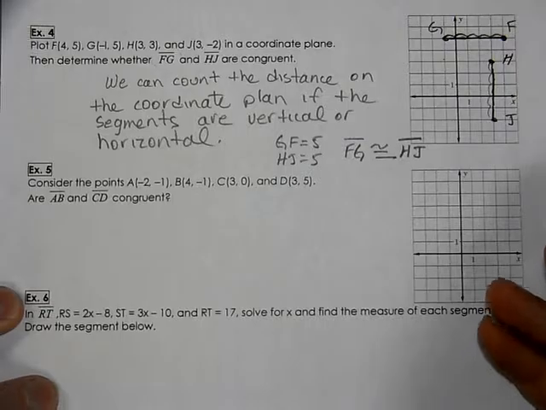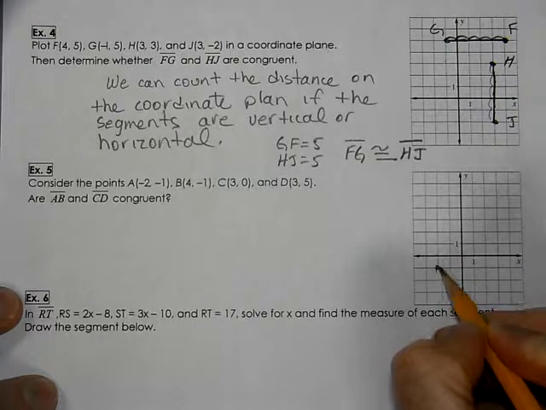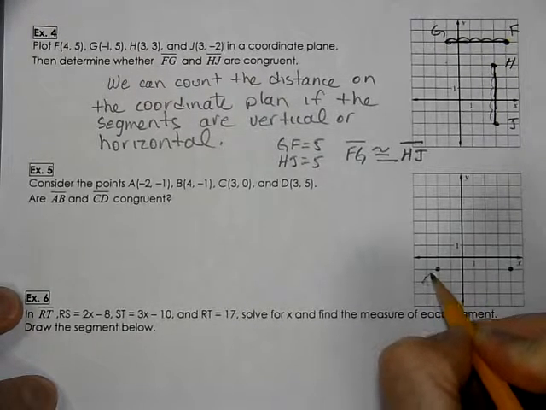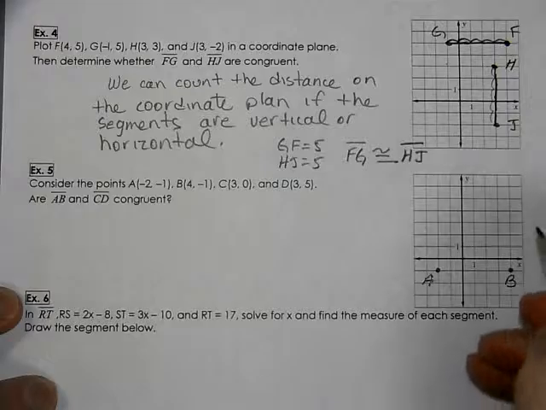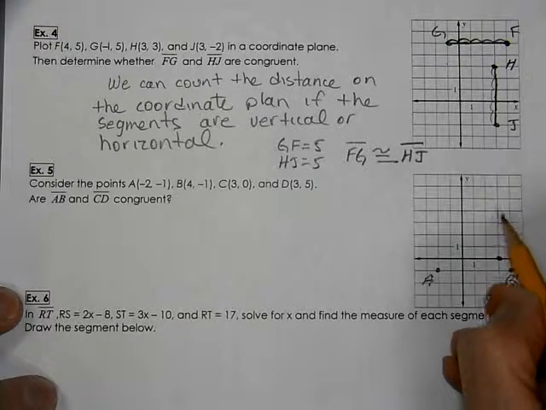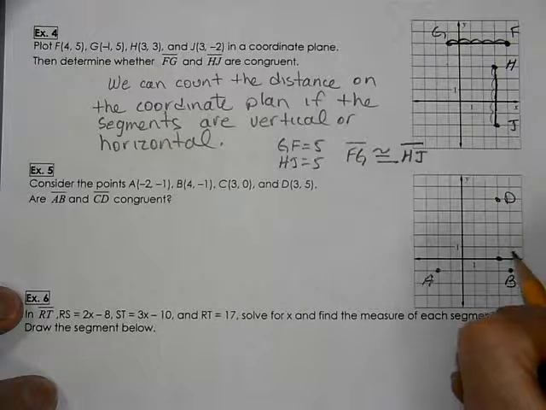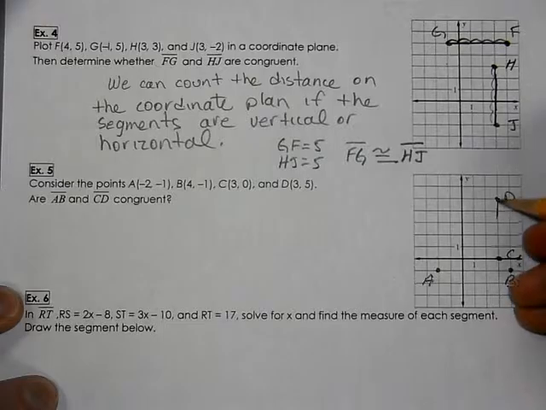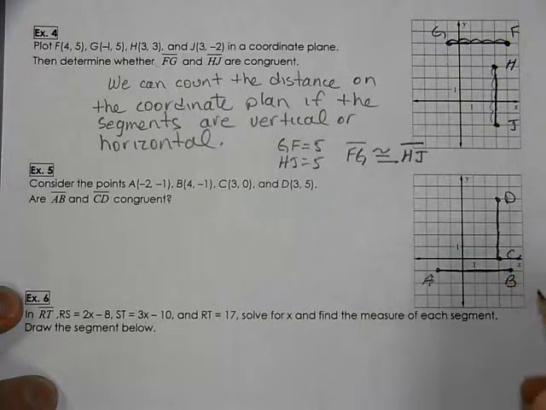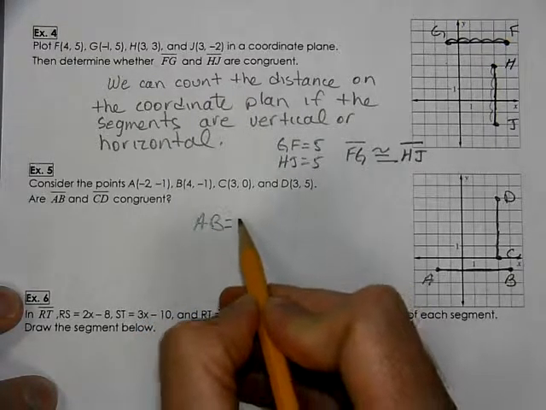We can plot our points here. 2 over 1 down, 4 over 1 down, and we have A and B. Plot points D and C. Again, we have vertical and horizontal. So AB is the length of 6.